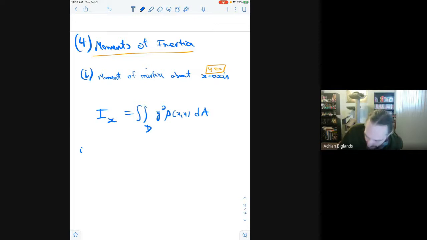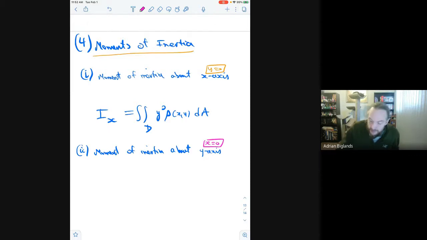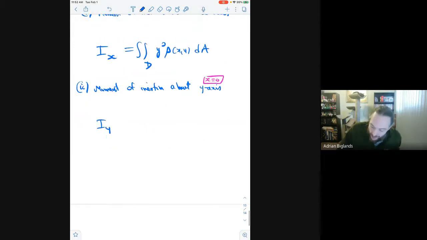And the second one, the moment of inertia about the y-axis, which is actually x equals 0, is going to be Iy, which is the double integral over the region D of x squared rho(x,y) dA.